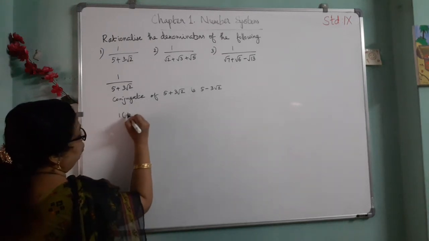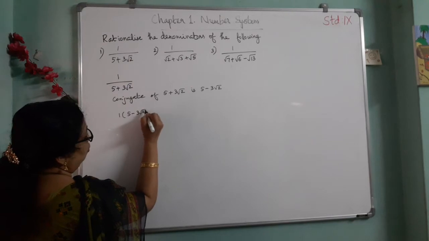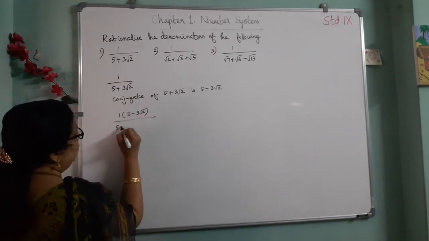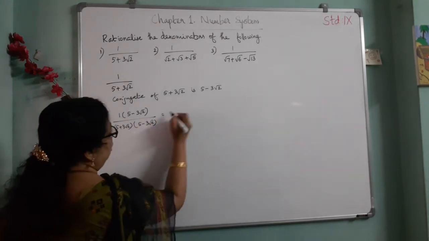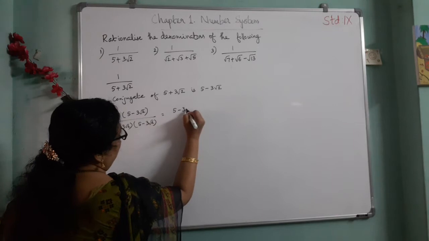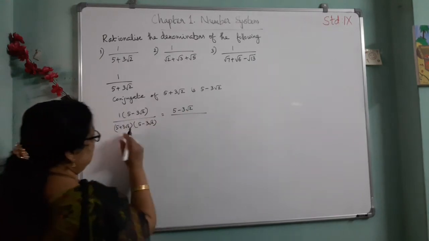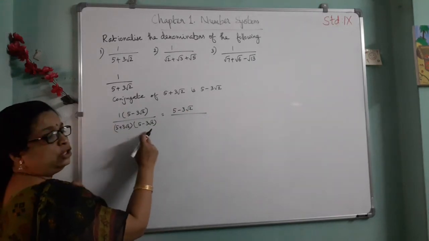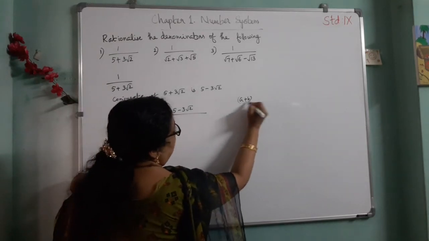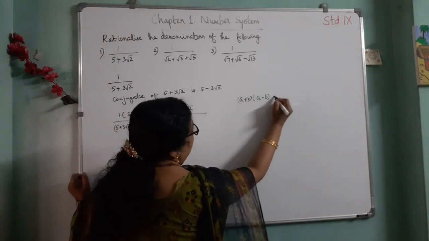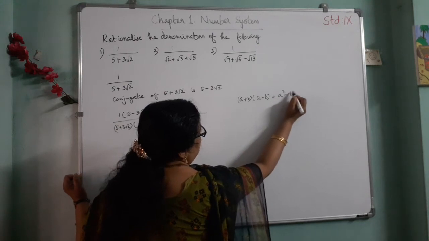That is 1 into 5 minus 3 root 2 divided by 5 plus 3 root 2 into 5 minus 3 root 2. Here the numerator is 1 into 5 minus 3 root 2, and the denominator is of the form a plus b into a minus b, which we know is a square minus b square.